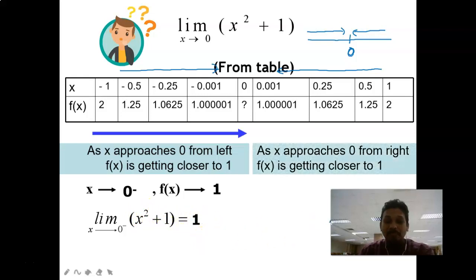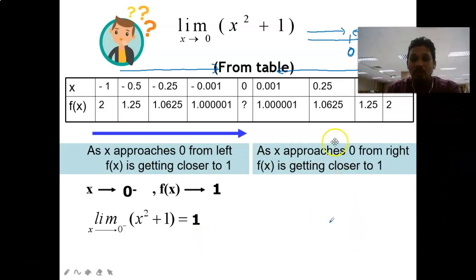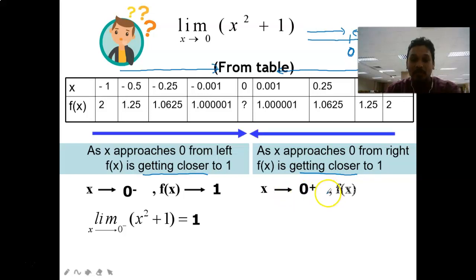Okay, and now when x approaches 0 from the right, f(x) is getting closer. This is a keyword, getting closer. It's not exactly 1. So when x approaches 0 from the right, then f(x) approaches 1. It's not exactly 0, but a value of x very close to 0, from the right.